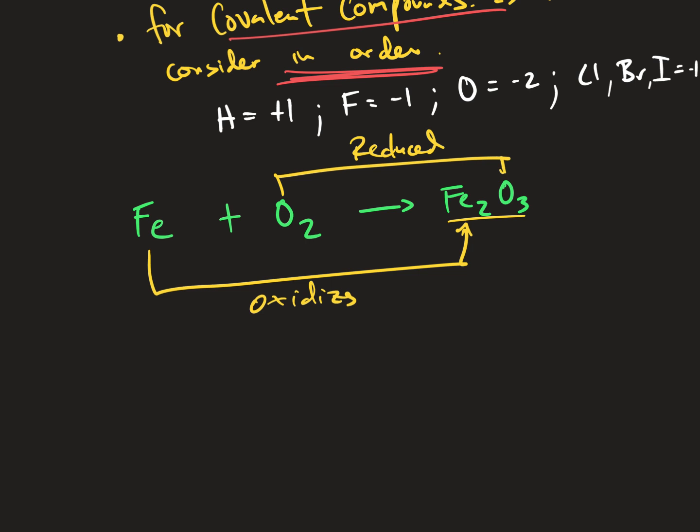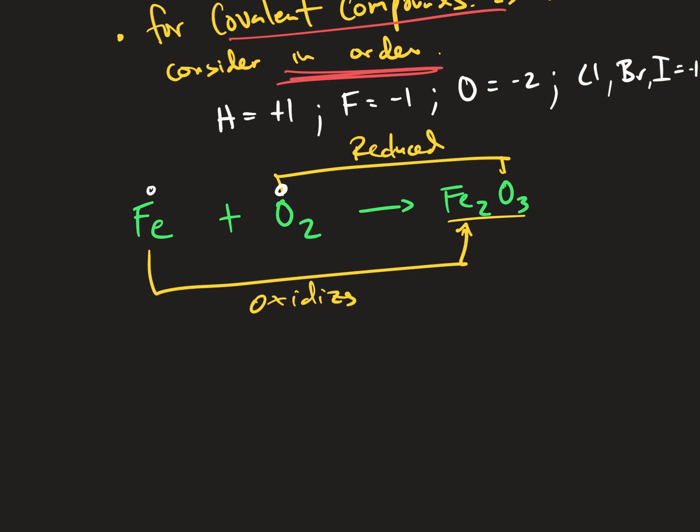What is the oxidation number of iron all by itself? 0, because it's alone, right? So let's put 0 right there on top. What is it for oxygen gas? Is it alone? Yeah, the only element is oxygen. So that is considered alone. So all the diatomic molecules, they are alone. Good? So that one is also 0.